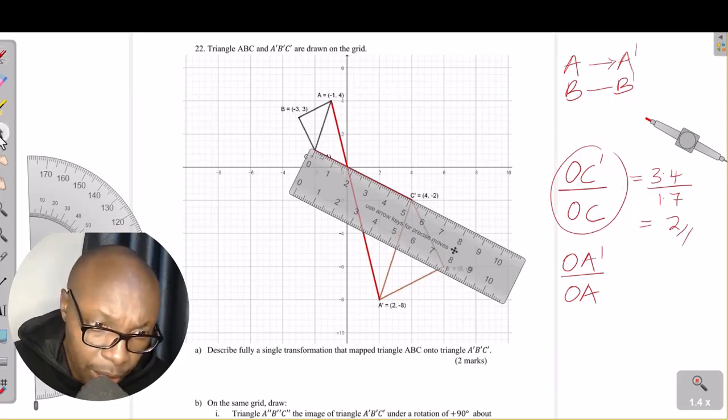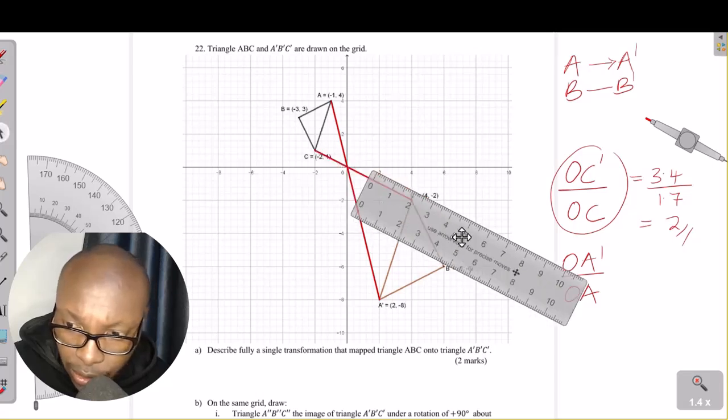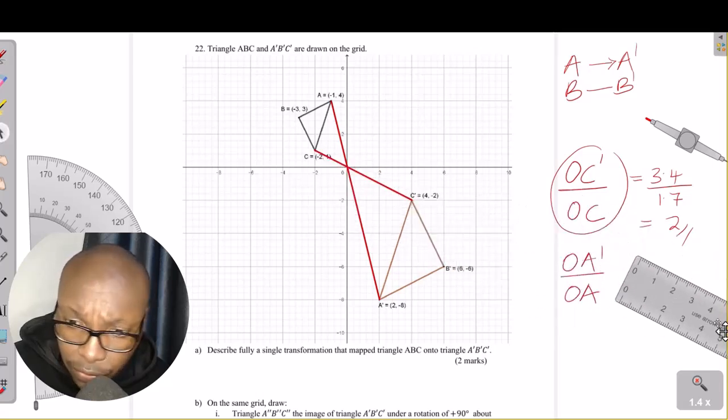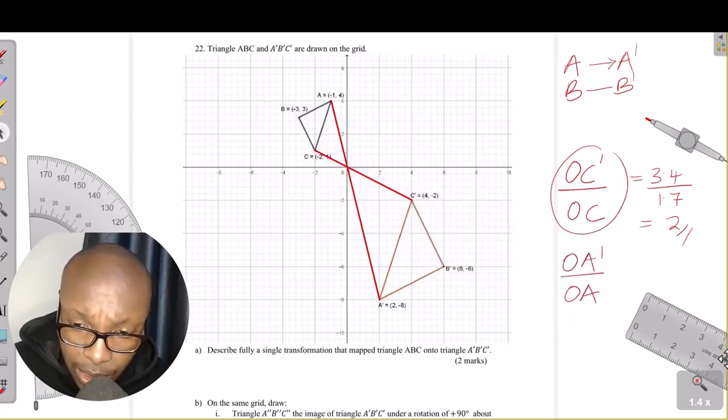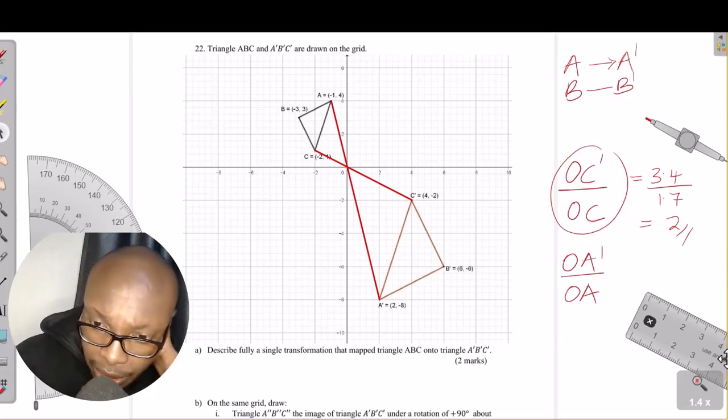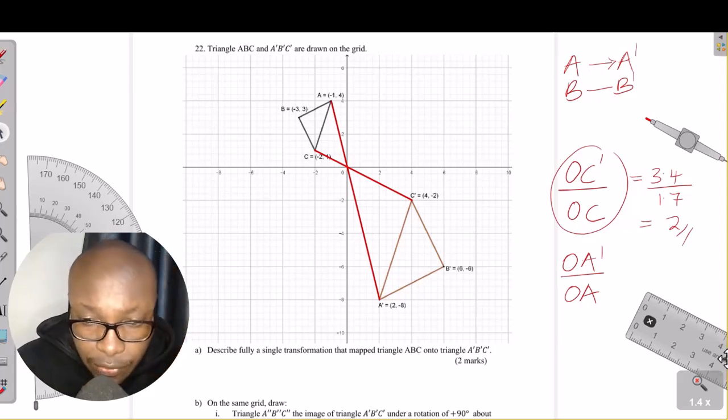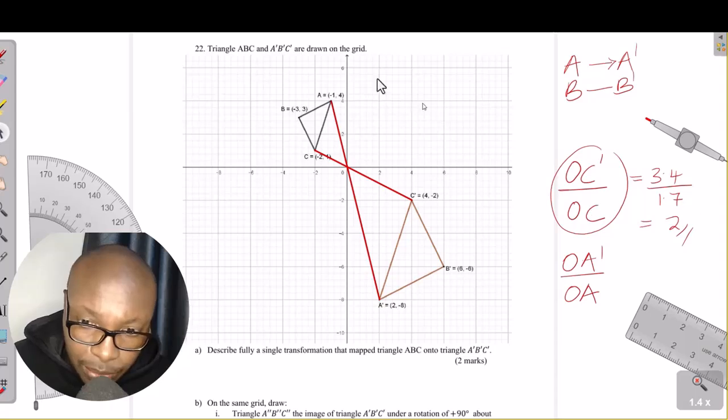Now, the other thing you need to notice here is that the scale factor of enlargement will actually be negative. Why will it be negative? Because in a negative enlargement, the object and the image are on opposite sides of the center of enlargement. The center of enlargement is the origin, it is here.